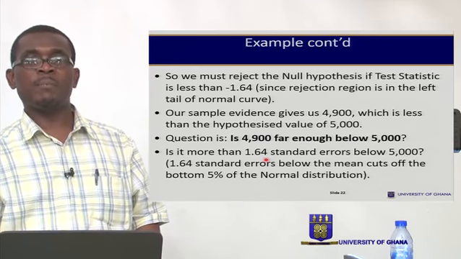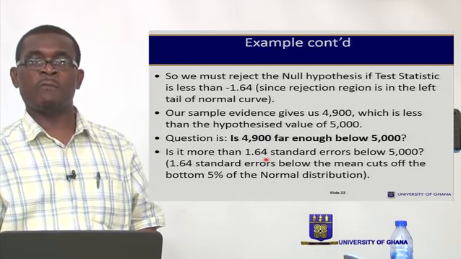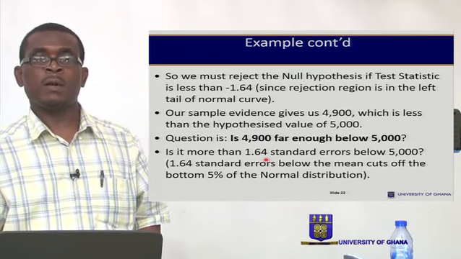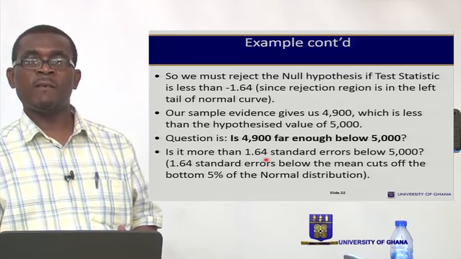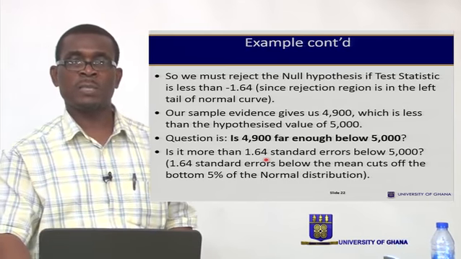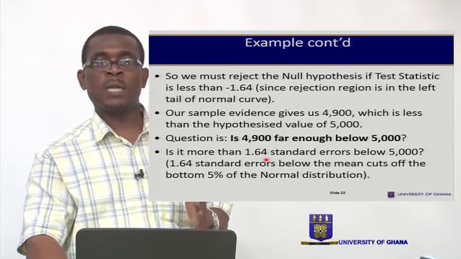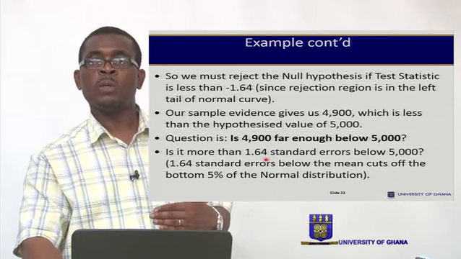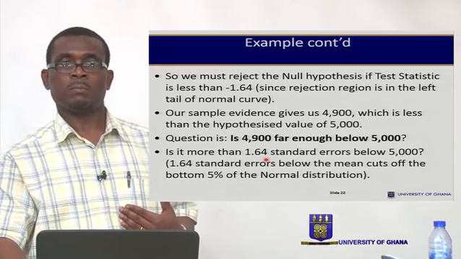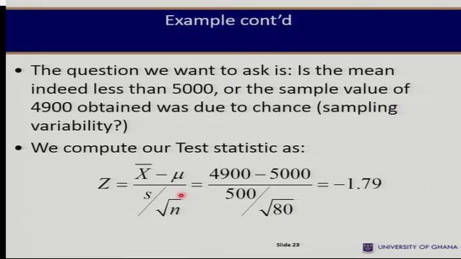Based on our sample evidence, we have the mean of 4,900. The question we want to ask ourselves is, is 4,900 far enough below 5,000? In other words, is it more than 1.64 standard errors below the 5,000? Let's compute our test statistic. We need to standardize our sample mean, as we saw.